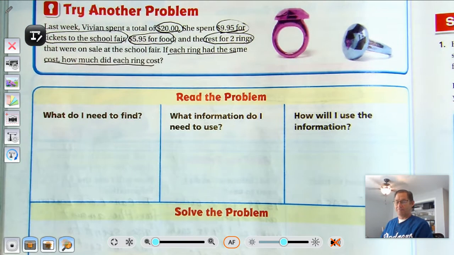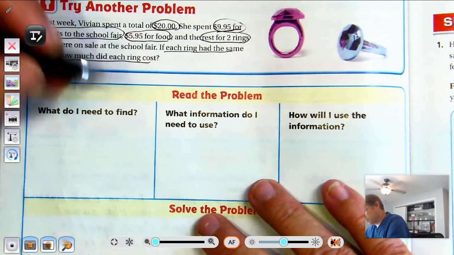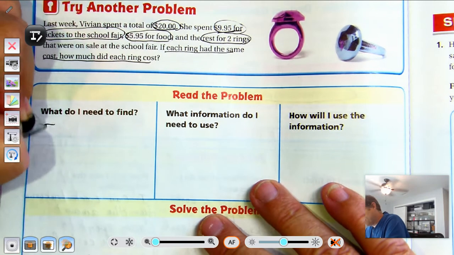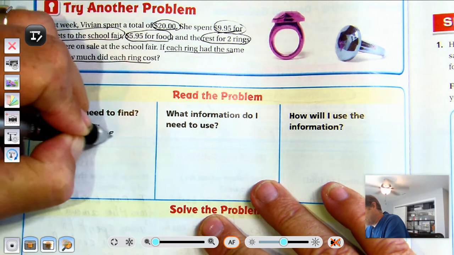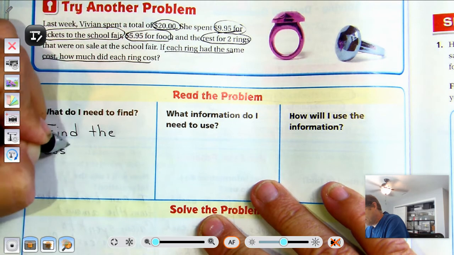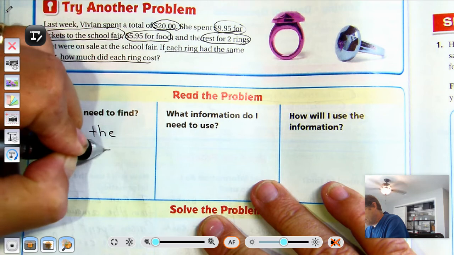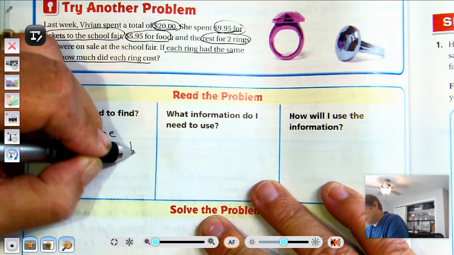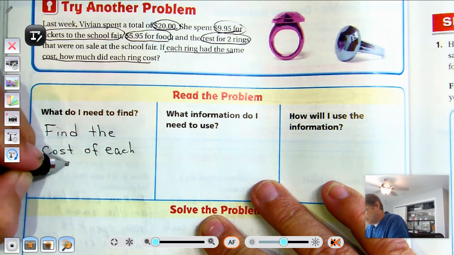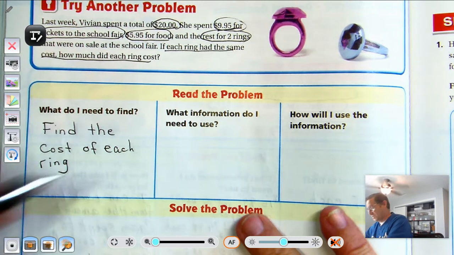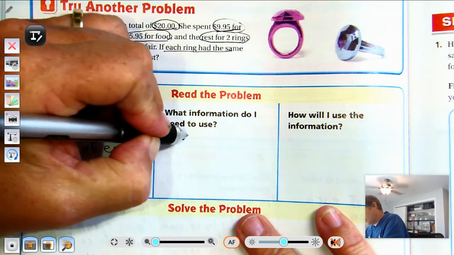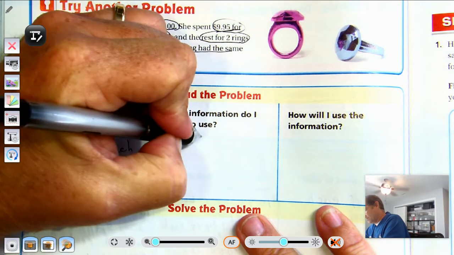All right, so what do I need to find? I need to find the cost of each ring. All right, what information do I need to use? Well, I need to know that she spent $20.